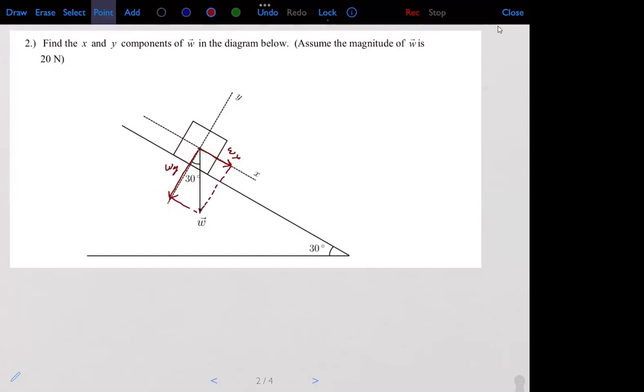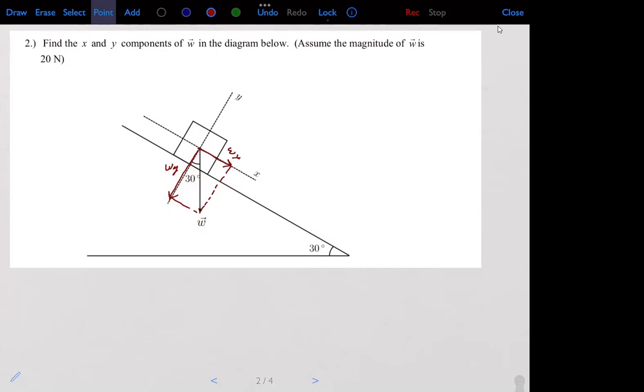Okay, now there's options again here. See, so this ramp angle, 30 degrees, happens to be equal to this angle here, 30 degrees. So you could just use this right triangle here and use this angle, and that will work. Except in this case, the x component, which is this length, is going to involve sine, and the y will involve cosine, which is usually kind of the opposite of what we usually do, right?